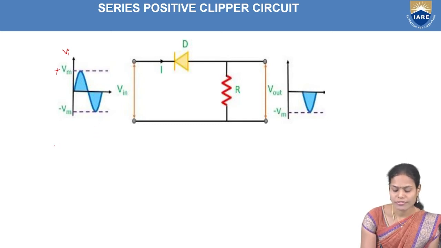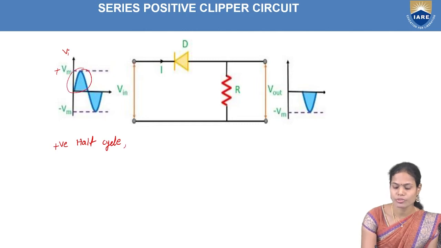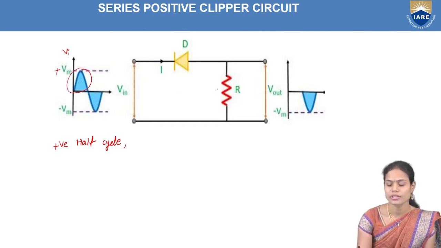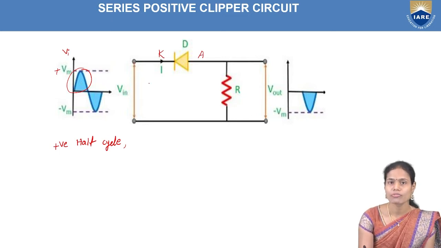So here I am first taking the positive half cycle of my input signal in order to see the operation of this positive clipper. When we apply the positive half cycle to this series positive clipping circuit, what will happen? This is the cathode terminal of the diode and this is the anode terminal of the diode. For the cathode terminal of the diode, we are providing the positive voltage plus Vm, so our diode will enter the reverse bias condition and it acts like an open circuit.